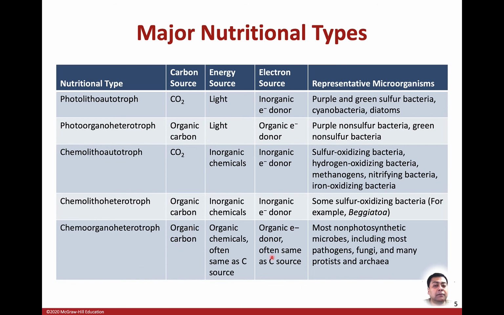They can get electrons from the fructose as well as the glucose, and they will fuel glycolysis, the Krebs cycle, and the electron transport chain, and the power of ATP will be used to make more of these organic carbon compounds, which is also the same source. So this is the overall procedure.